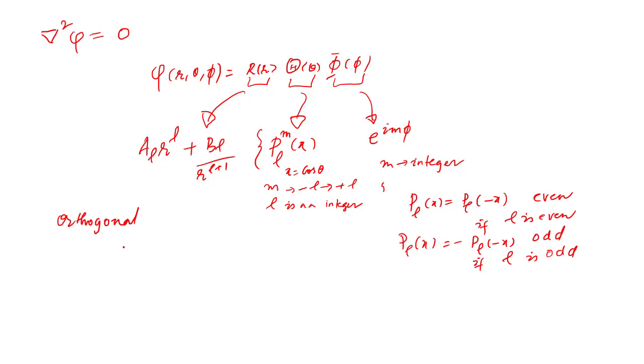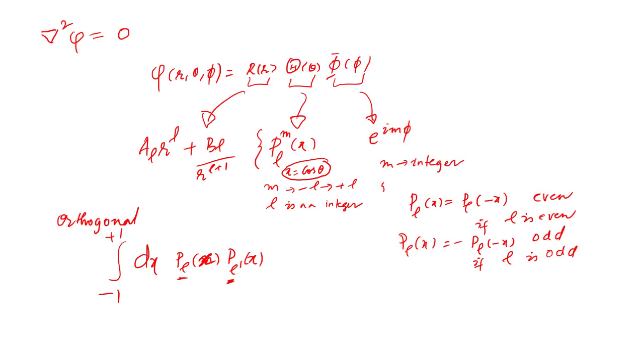So that means that if I have two different Legendre polynomials with a different index here, L and L prime, and I do the integration over dx. So x is equal to cosine theta, so the integral goes from minus 1 to plus 1, which are the limits for cosine theta, or in terms of theta, we could write this as the integral of d theta sine theta, P_L cosine theta, P_L prime cosine theta.